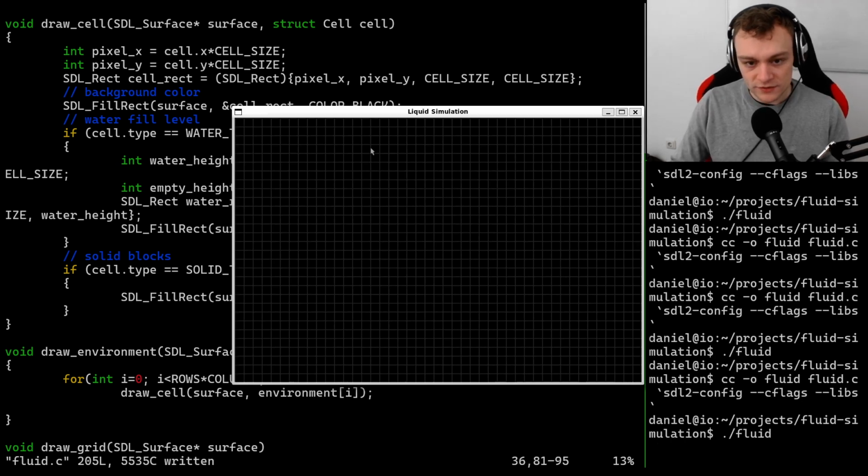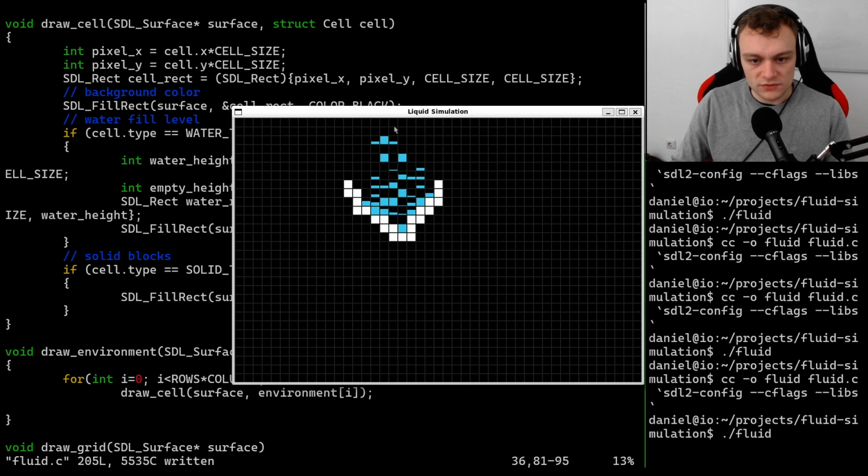Let's see how the simulation looks like now. Let's draw a bit different shape now. This feels okay-ish, but somehow the fluid levels sometimes drop down. I don't know why.